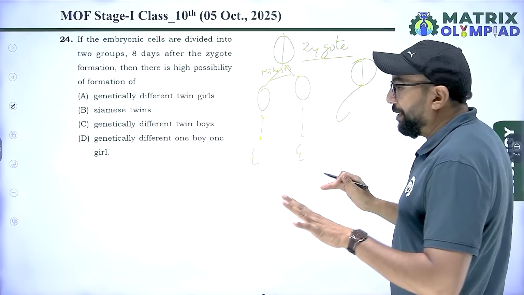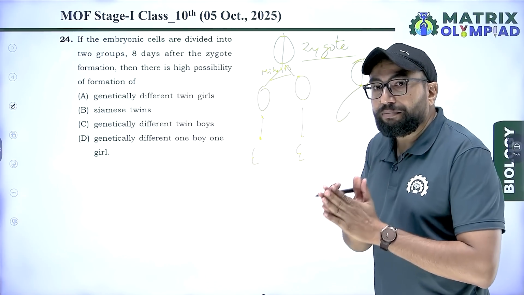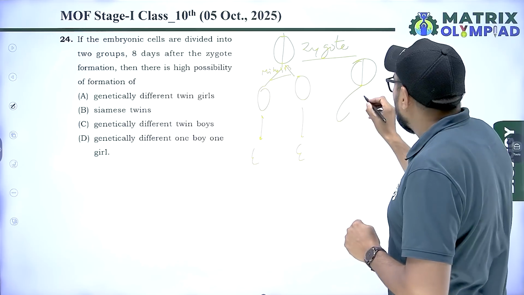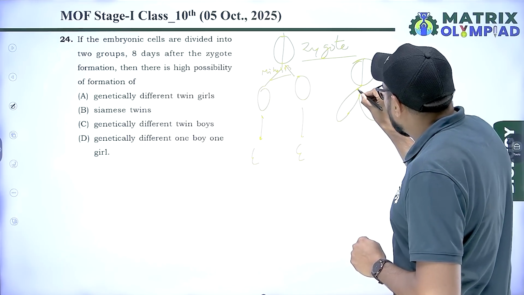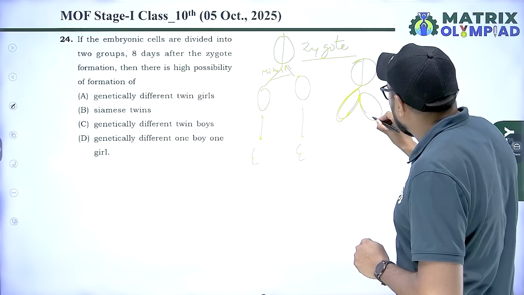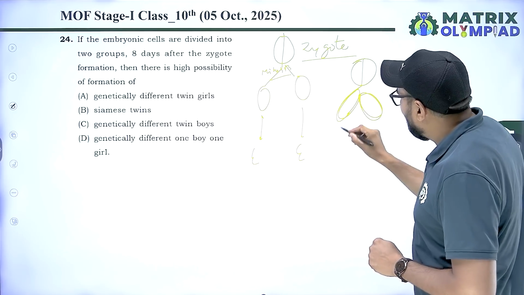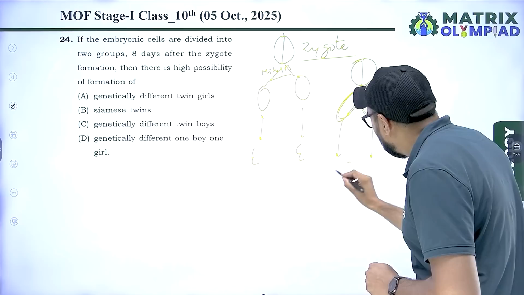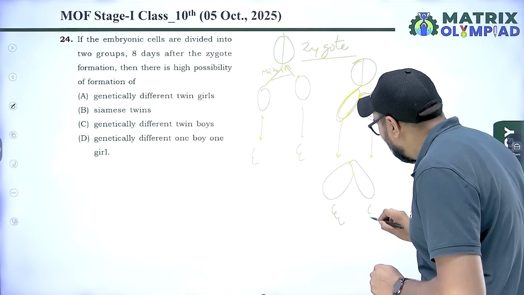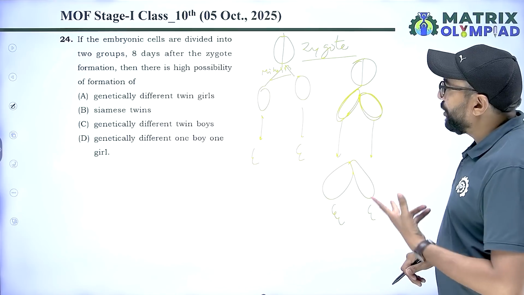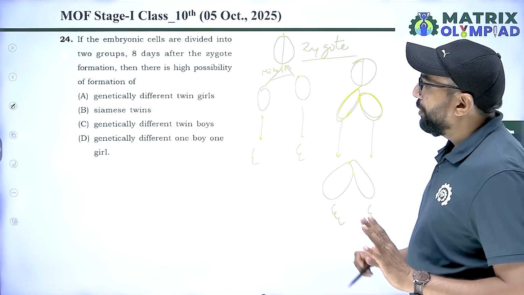If these divide but do not separate, they remain joined with each other and develop in a joined condition. These are the two conditions.